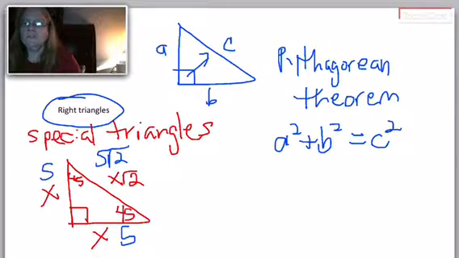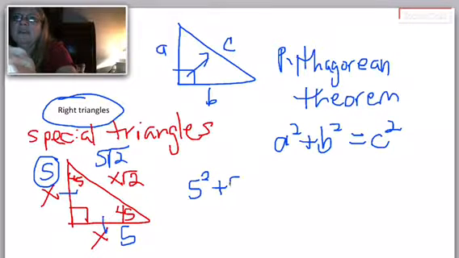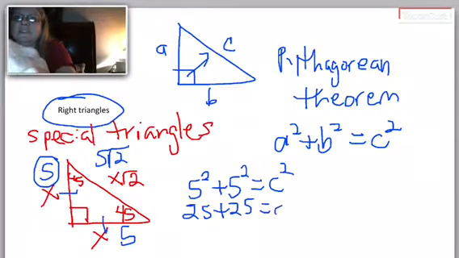Now, of course, we can use the Pythagorean theorem to see this. a squared plus b squared is equal to c squared. So say all we knew is that this side was 5. Well, we also know that this is an isosceles triangle, so the other side is 5. So we can say 5 squared plus 5 squared is equal to c squared. And we get 25 plus 25 is equal to c squared.